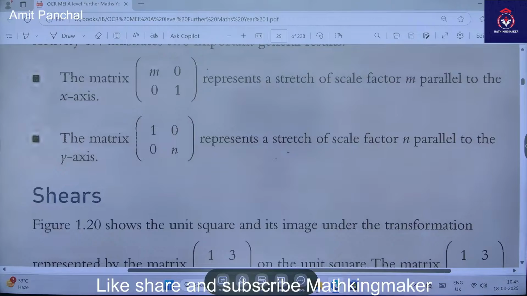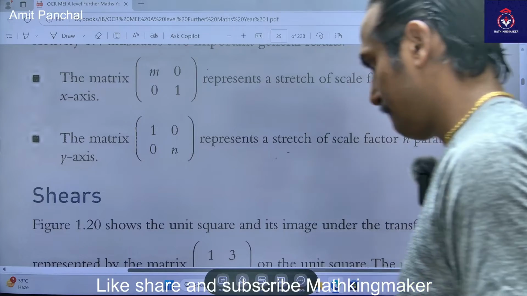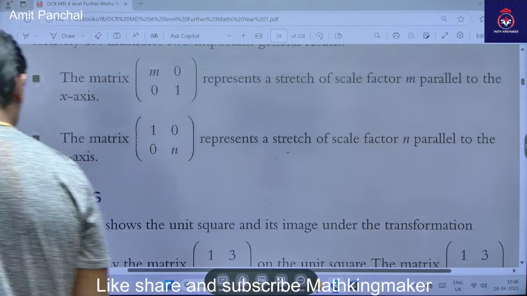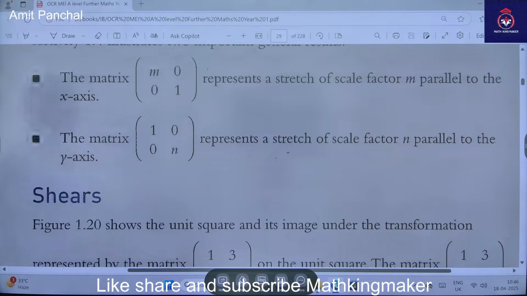Yes, only the sign. There's also one more way, sir. The theta anti-clockwise is cos theta, sin theta, minus sin theta, cos theta, and instead for clockwise we can change theta to minus theta, so it becomes cos of minus theta, sin of minus theta. Yes, you are right.